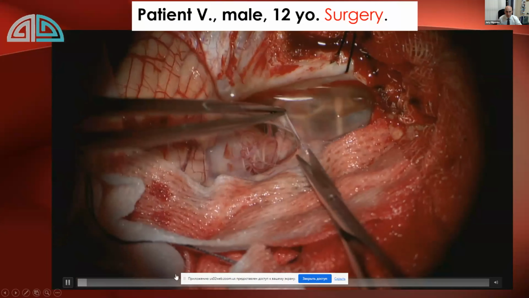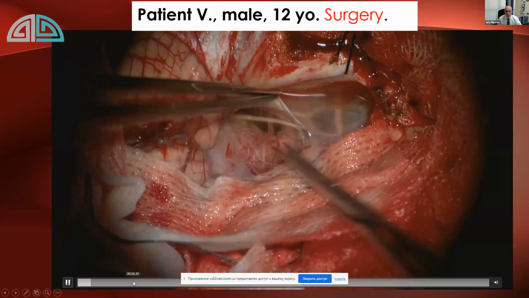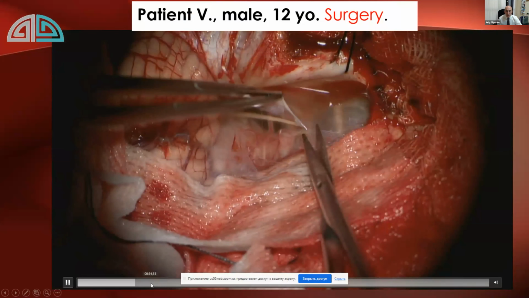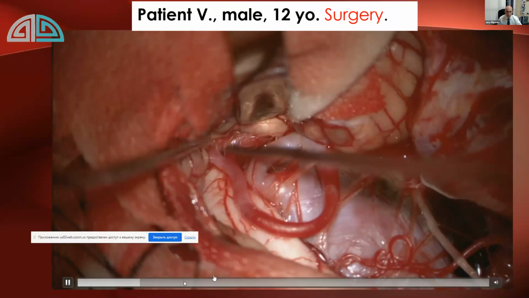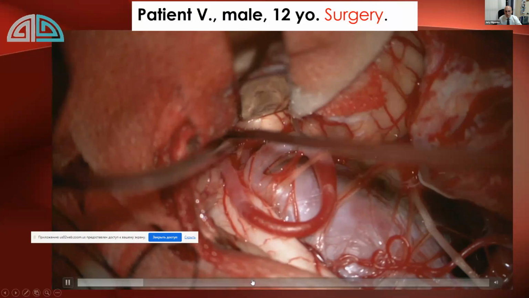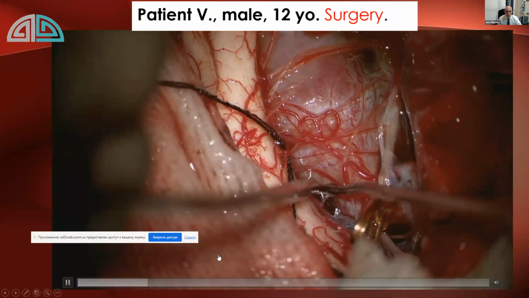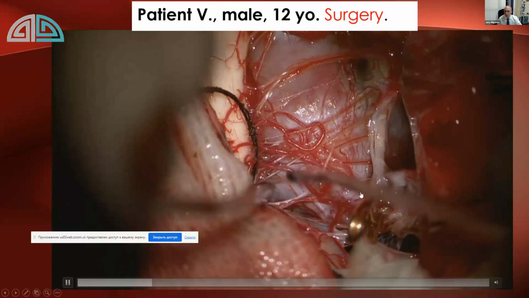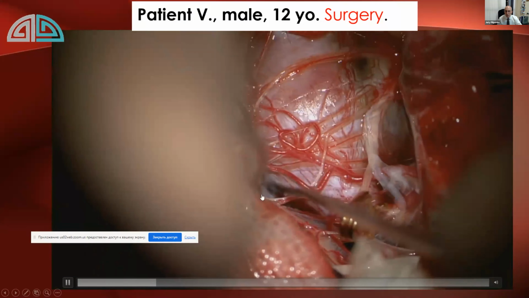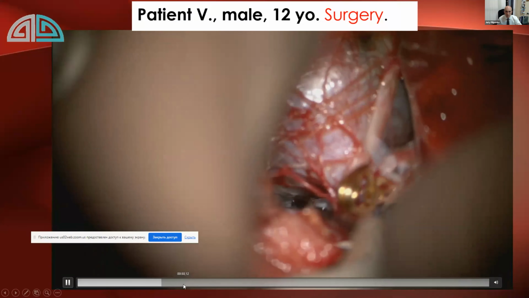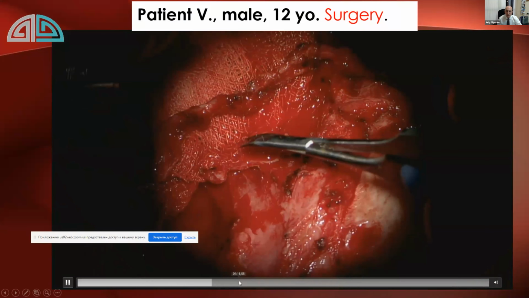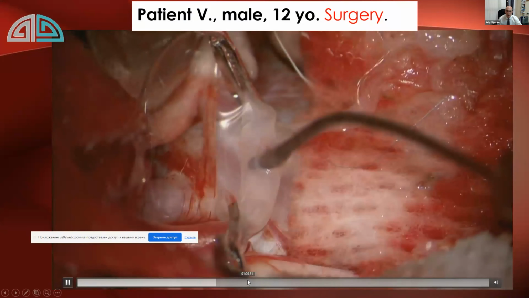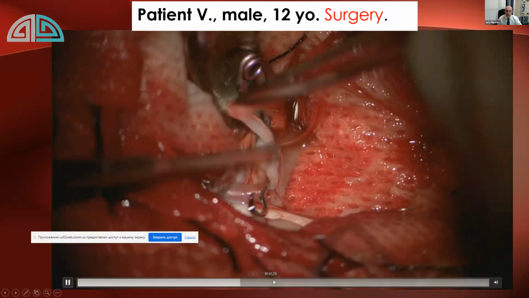Unfortunately, I don't have enough time to demonstrate all of it, but very briefly, this is the PICA origin from the aneurysm. This is the proximal part of the lower chamber of the aneurysm. The aneurysm was partially thrombosed, and this is the bypass between the occipital artery and PICA.